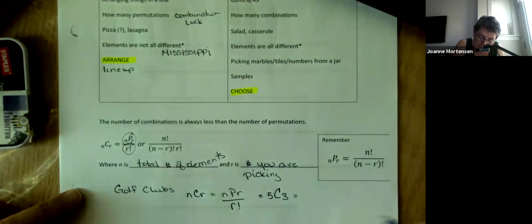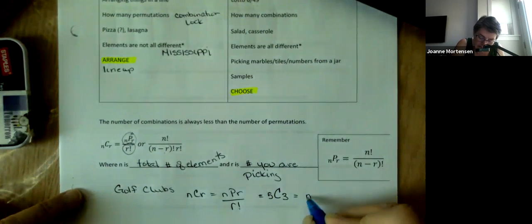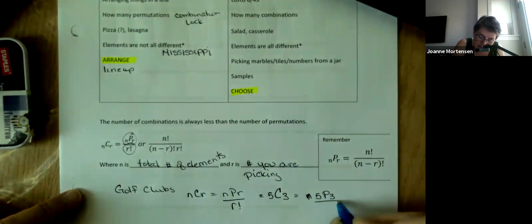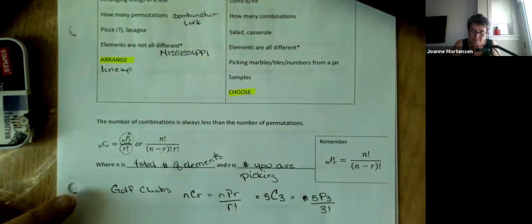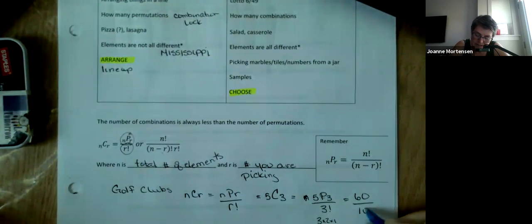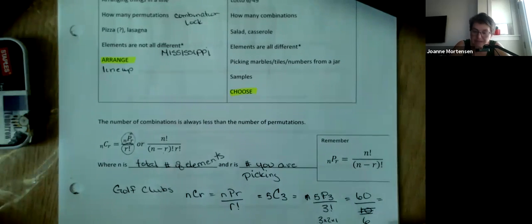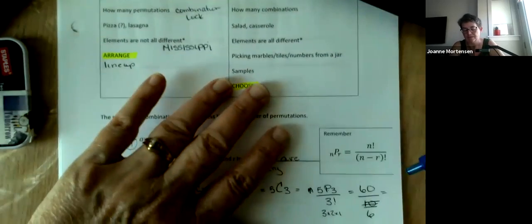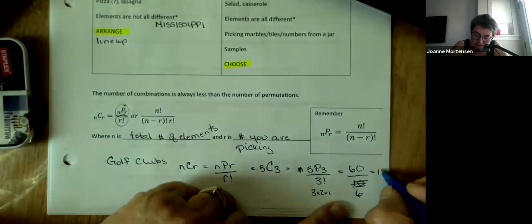So that's going to give you 5 permute 3 over 3 factorial, which we said was 60, and 3 factorial is 3 times 2 times 1. That's going to be 6. My bad. Which gives me a final answer of 10.